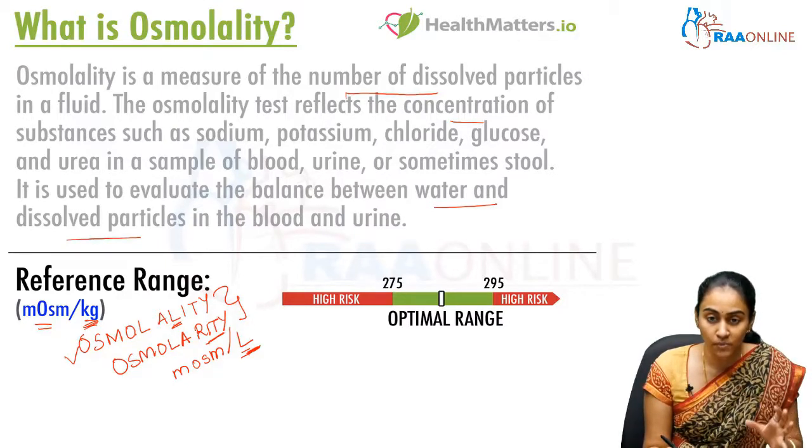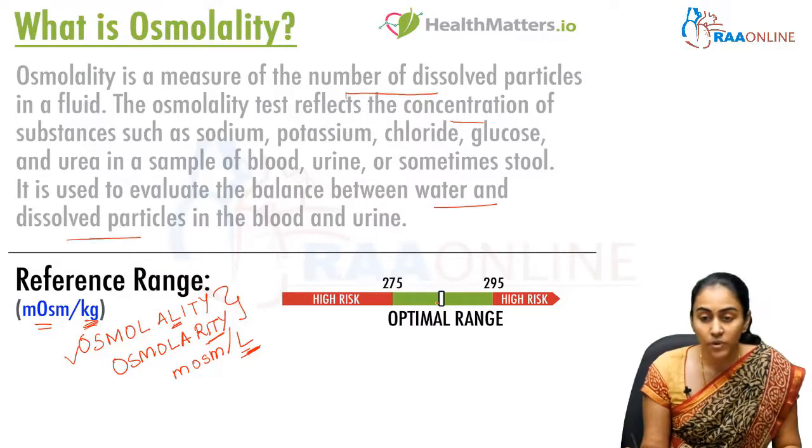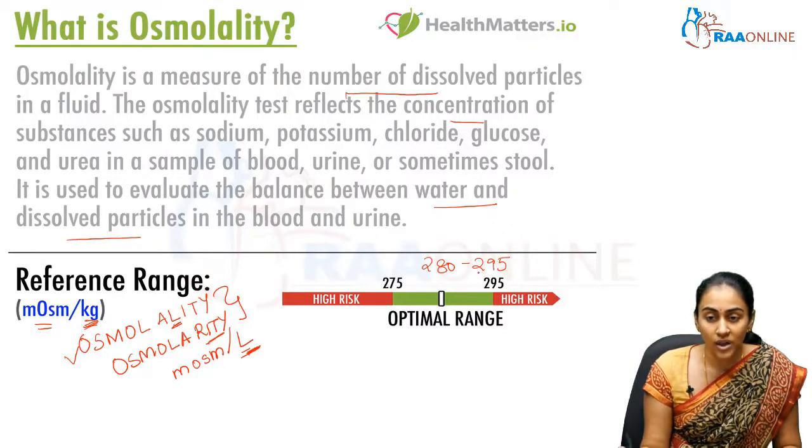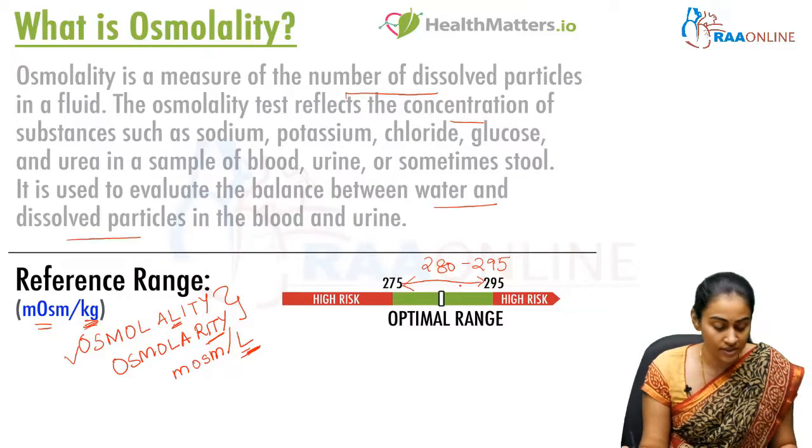So, serum osmolality is essentially the solute load in a fluid concentration, which is represented as milliosmoles of the solute per kg of water. Now, although 280 to 295 is the normal osmolality, somewhere between 275 to 295 is the optimal range. Generally, patients do not develop any electrolyte imbalances or any clinical disturbances when their serum osmolality is in this range.